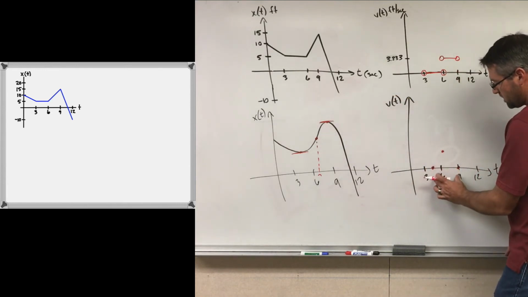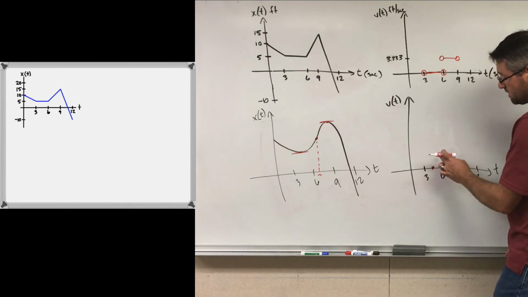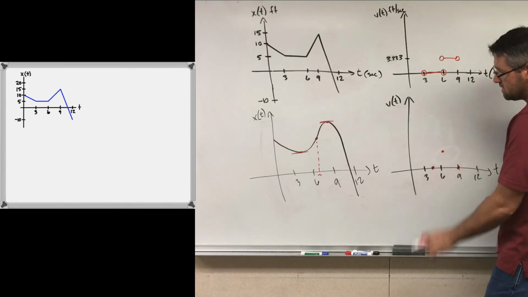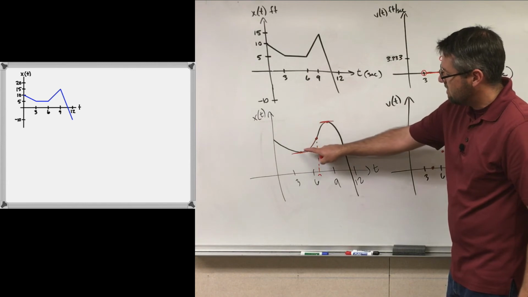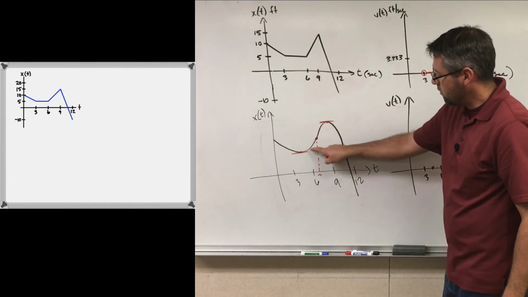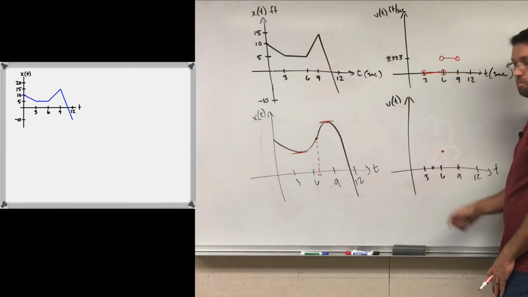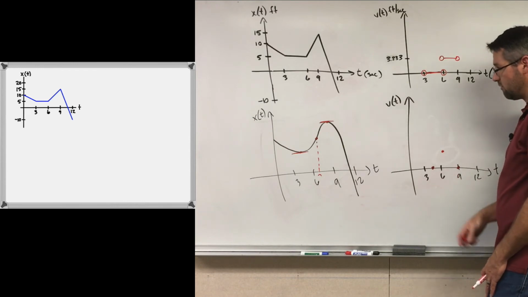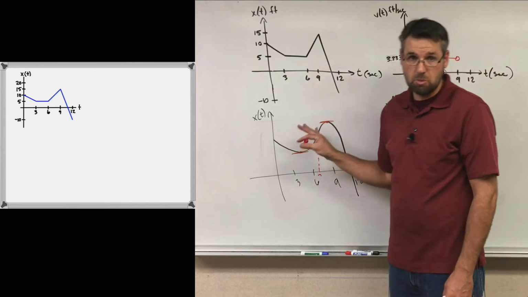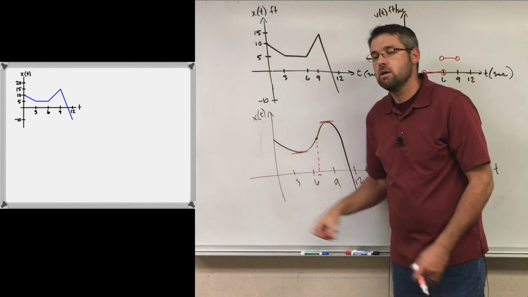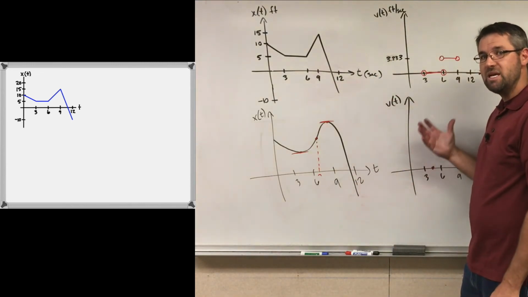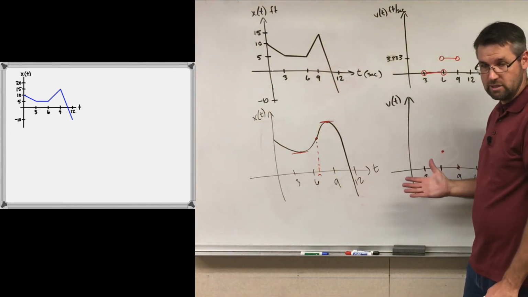Now, everything else within this interval has to remain positive. A good way to think about this in general is that if this is smooth over an interval, then this will be continuous over this interval. If this function is differentiable at all points, then the derivative will be continuous at all those points.